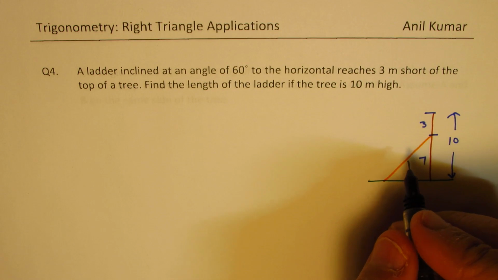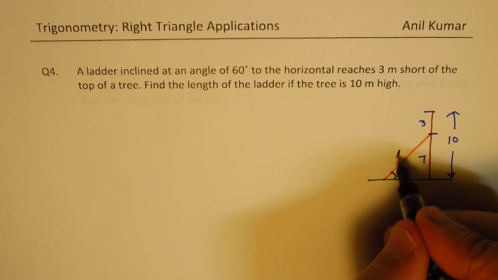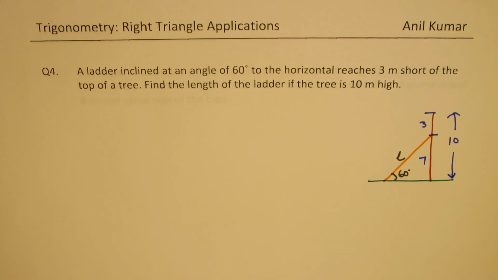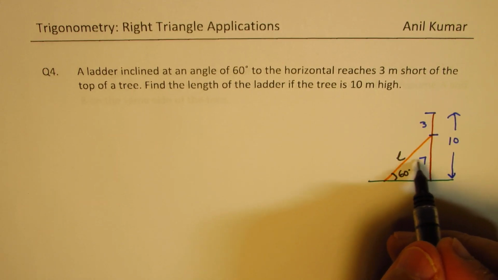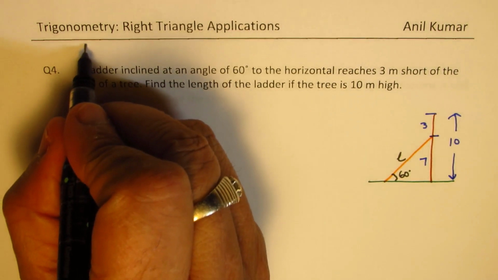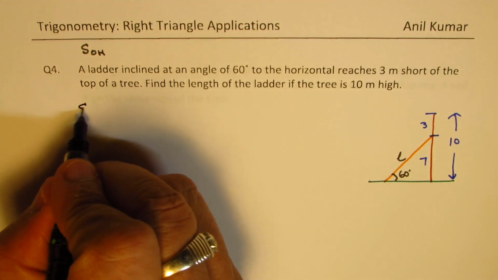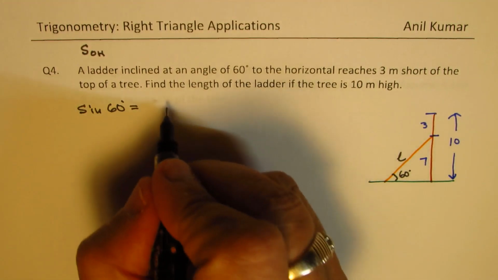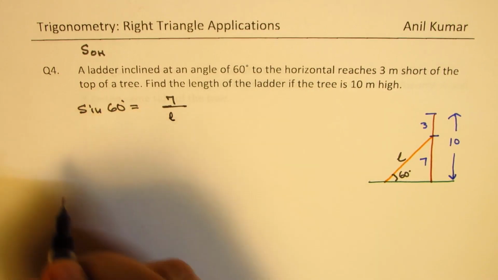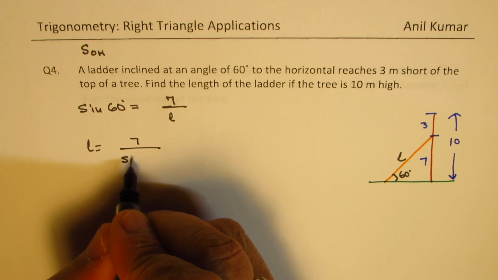We know that the angle of inclination in this case is 60 degrees. We need to find the length of the ladder. Correct? So now we are interested in opposite and hypotenuse. So the sine ratio, right? Sine is opposite over hypotenuse. Correct? So we'll use sine of 60 degrees equals 7 over L. So L is equal to 7 over sine of 60 degrees.